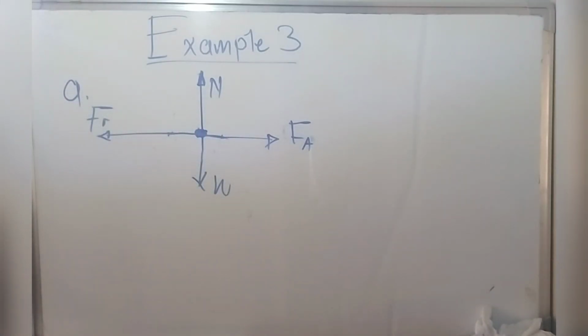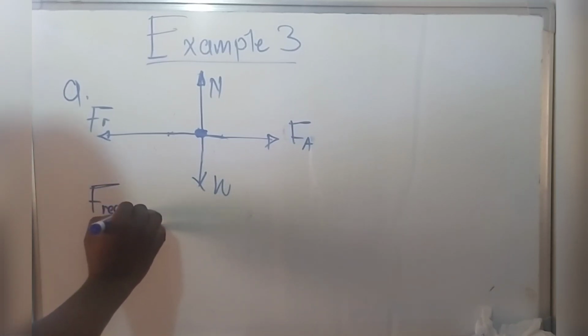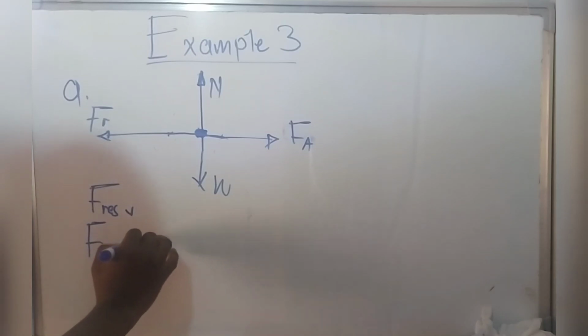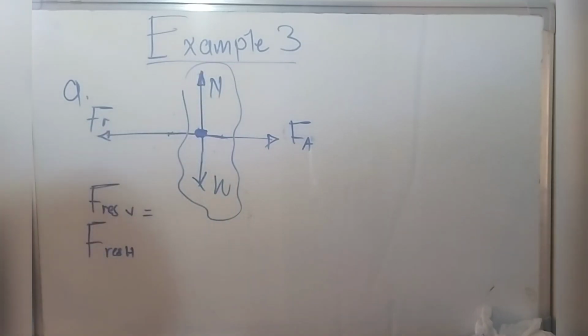Then determine the resultant force on the trolley. For the resultant force, I'm going to do it this way. I'm going to determine F resultant in the vertical, and F resultant in the horizontal, because there is some sort of a resultant force that acts on it.